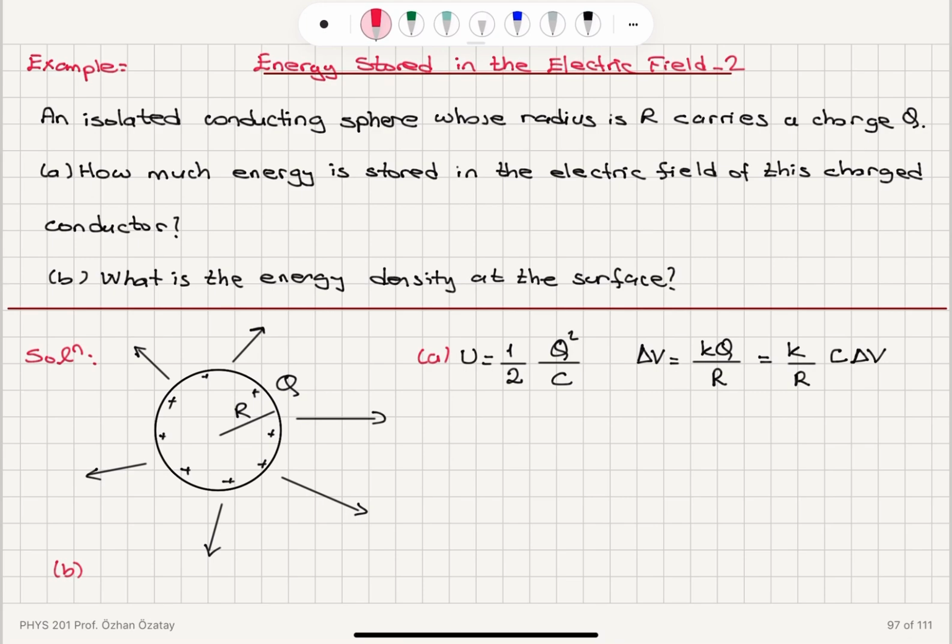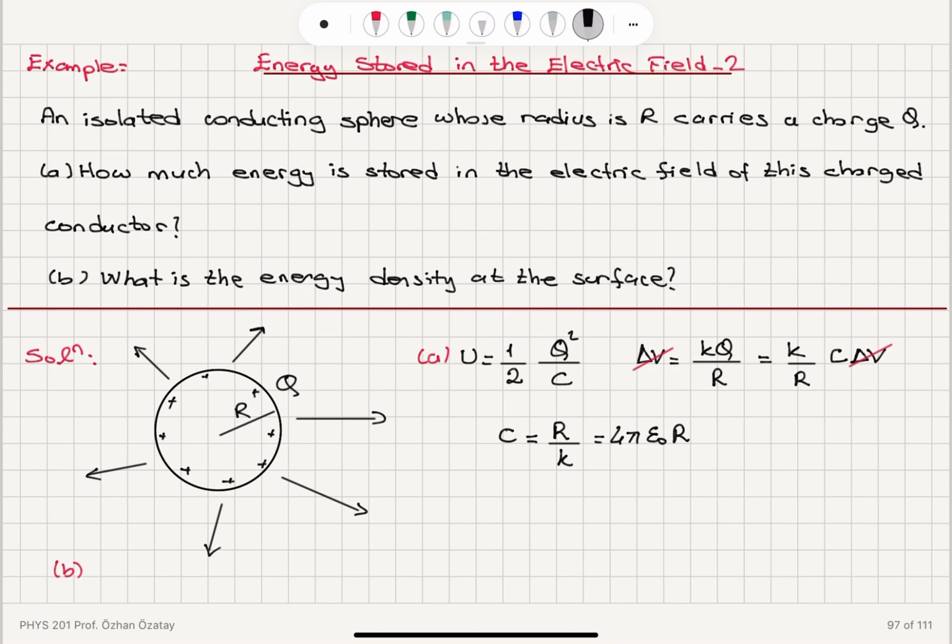Therefore, these delta V's will cancel, and we will see that the capacitance of this single charged conductor with respect to another conductor at infinity is R, the radius, divided by K, Coulomb's constant. So this is equal to 4 pi epsilon 0 R. K is 1 over 4 pi epsilon 0.